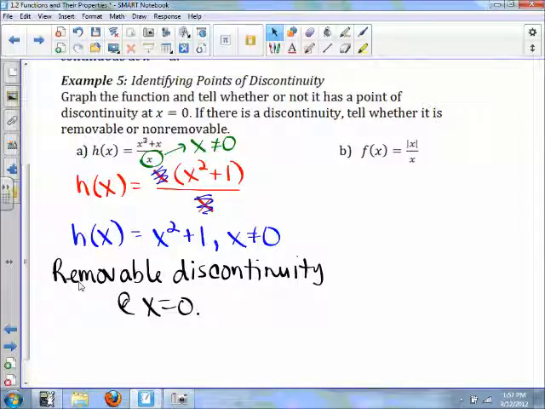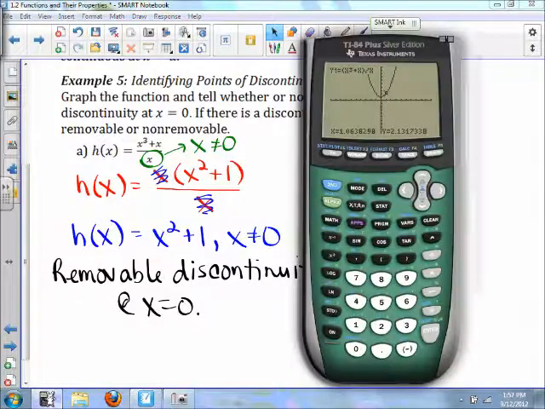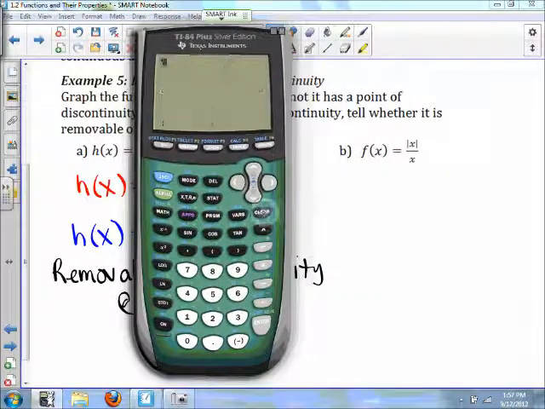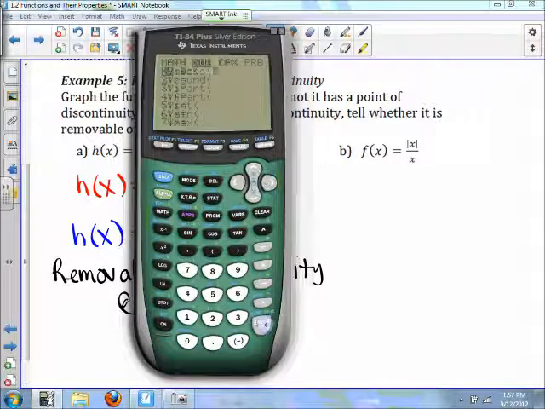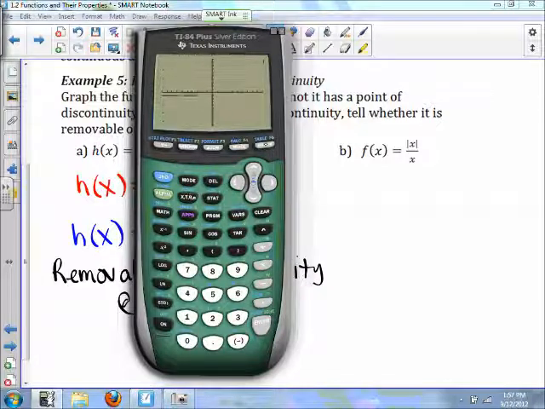Now for part B, we're going to have here f of x equals the absolute value of x divided by x. What's our f then? So I have the absolute value of x divided by x. You can see here that there is going to be a discontinuity at x equals 0.